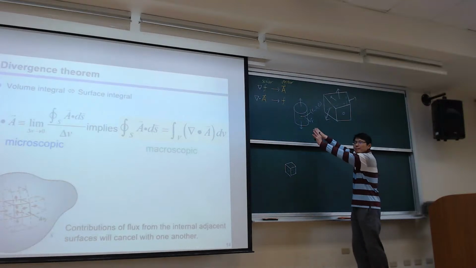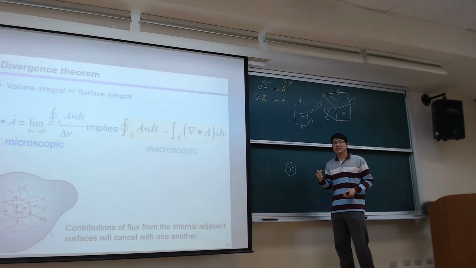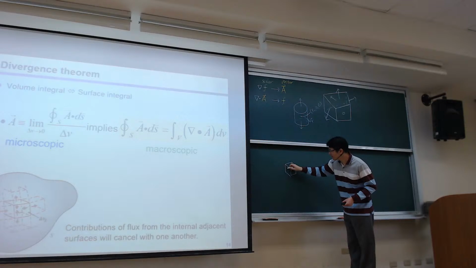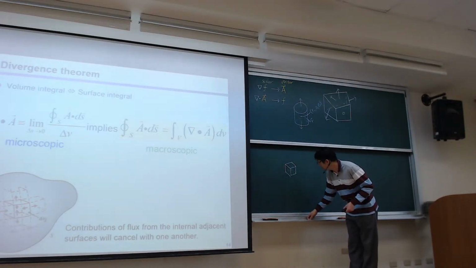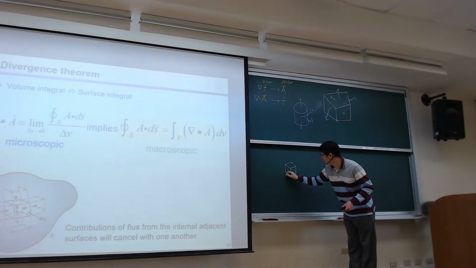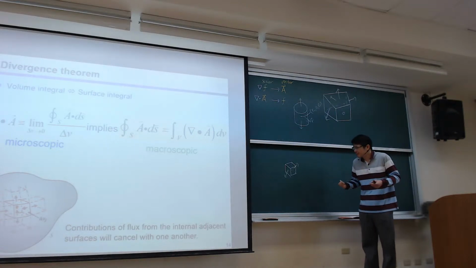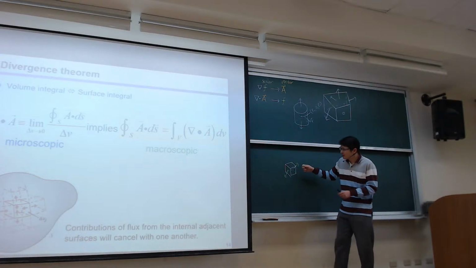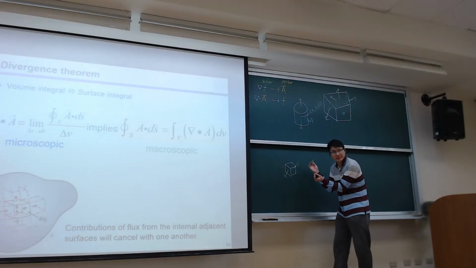For example, I have a big structure, right? On the right-hand side, I need to calculate the divergence, the outward flow for each cube. For each cube, I have 6 surfaces. But for example, I'm taking the front side and the back side. Okay, for example. When I evaluate the outward flux for this cube, by definition, the surface direction needs to go out.